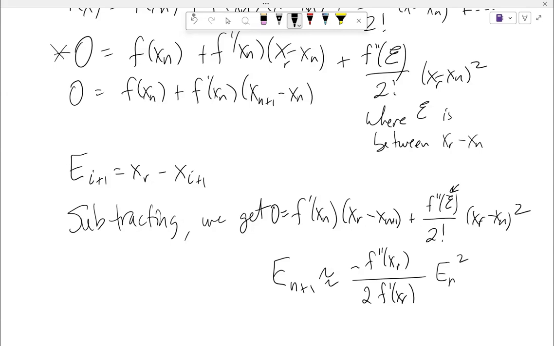It's the only reason why I wanted to go through it. This is why it gets faster. This is why it converges faster, because of the fact that you square the small error each time, so that you get your error cut down by smaller and smaller pieces.